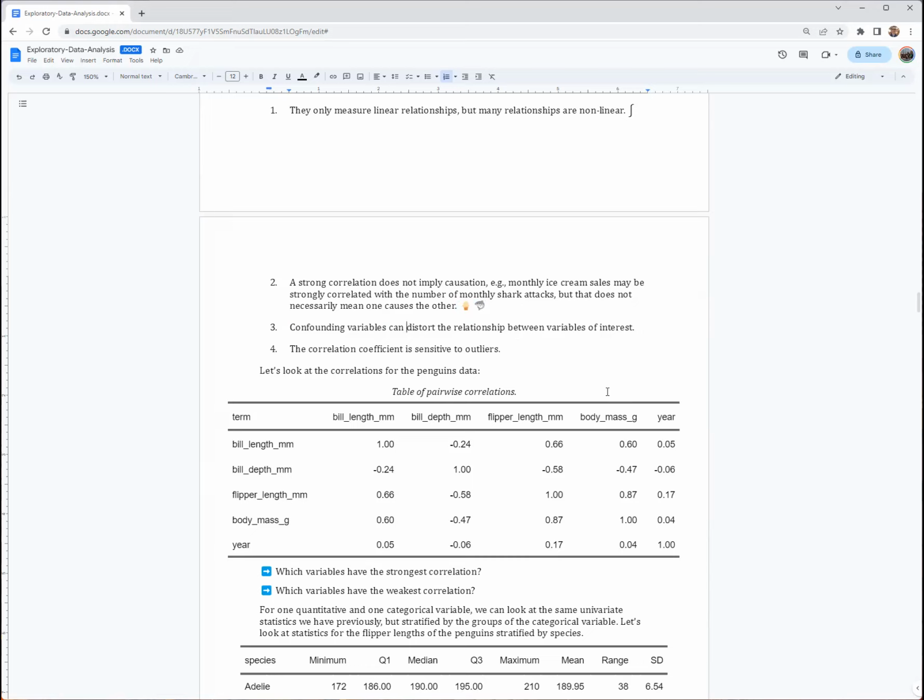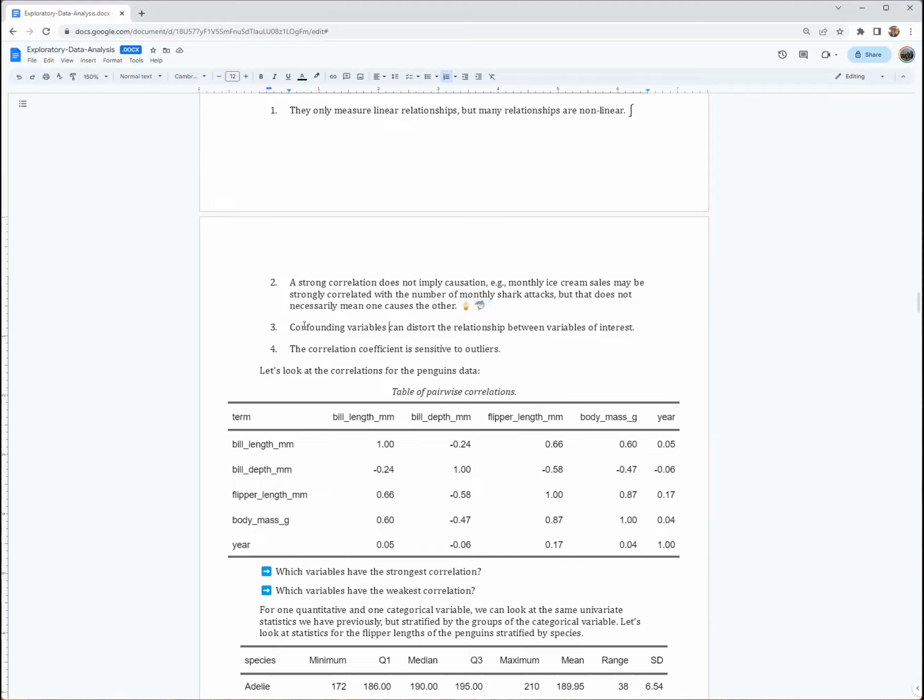The warmer it is outside, the more people are buying ice cream, and also the more they're going to the beach, so there's more potential for shark attacks. Temperature is correlated with ice cream sales and likely has a causal relationship, but it's not likely that ice cream sales have a causal relationship with shark attacks.